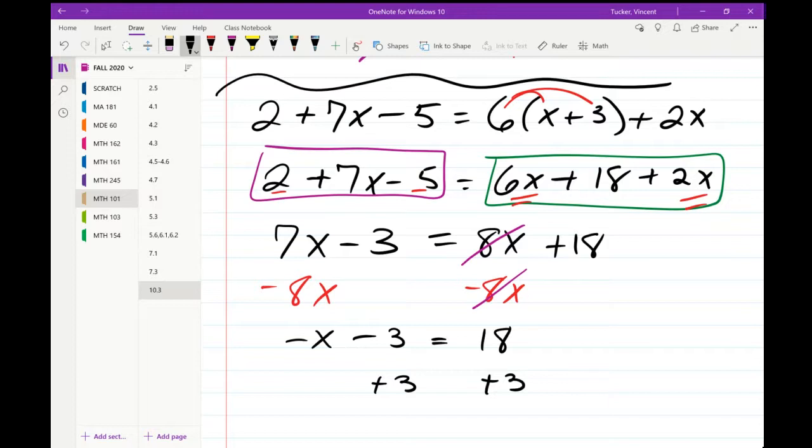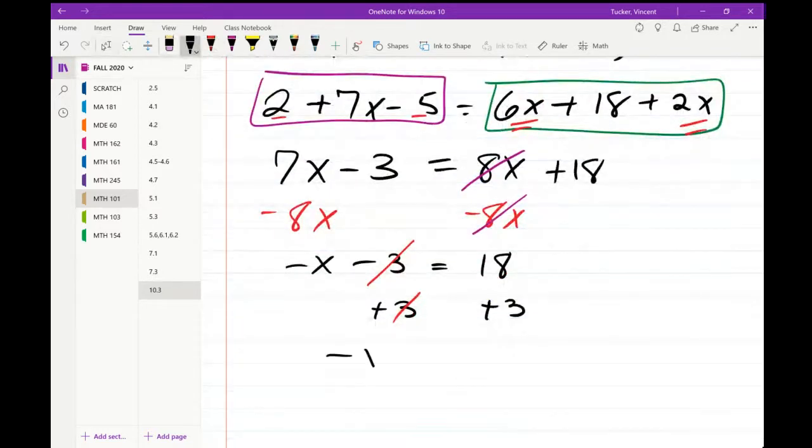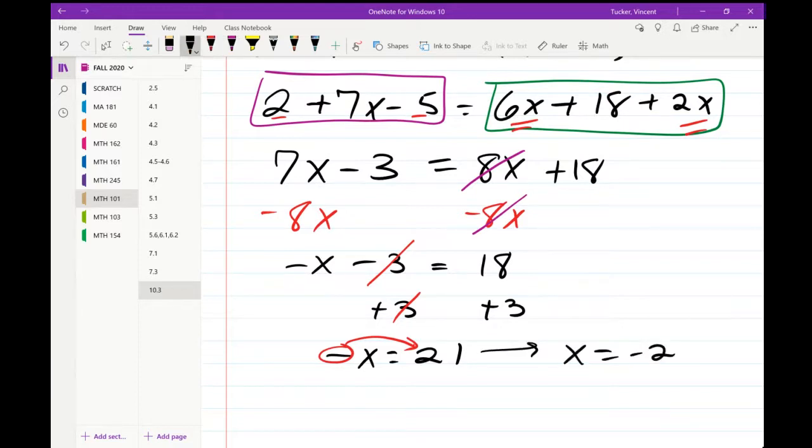I add 3 to both sides. Negative x is equal to 21. And remember, you're solving for x, not negative x. So that negative, you can take it to the other side. And the result is x equal to negative 21.